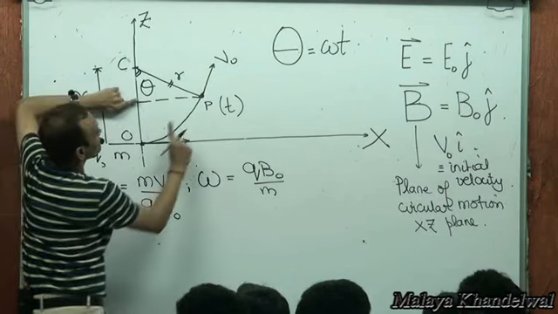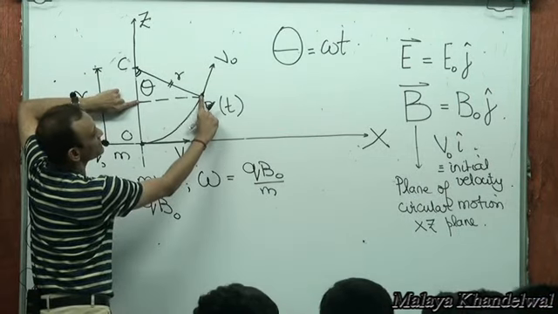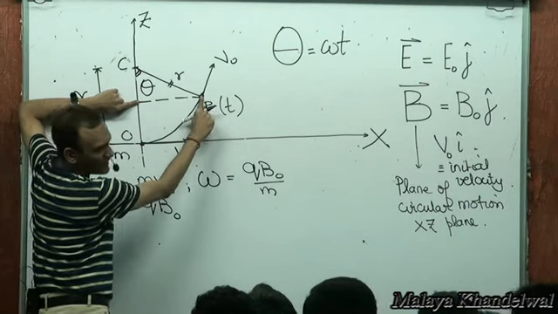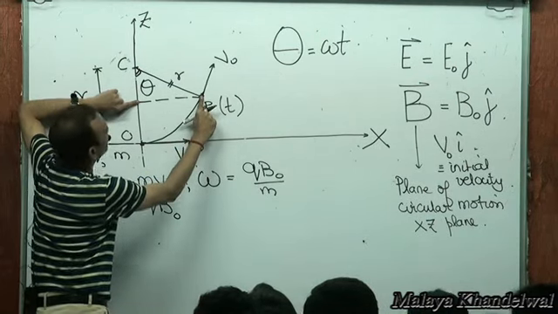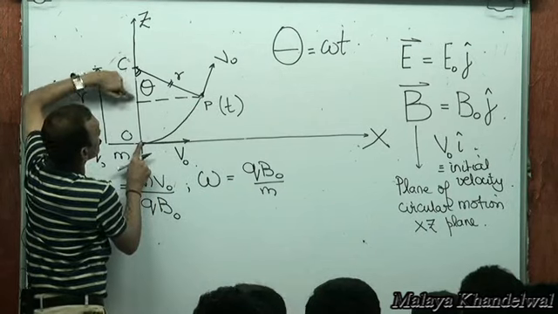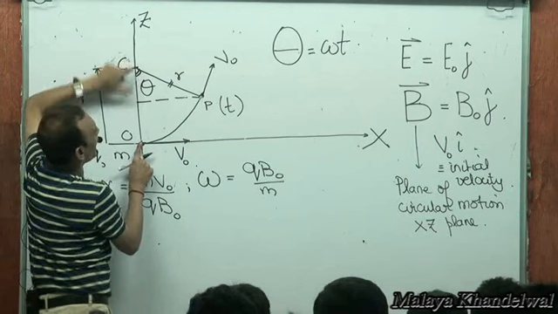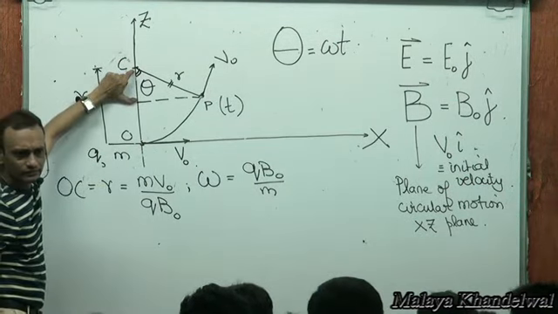Now, do you realize that the x coordinate of the particle t seconds later would be r sine theta? That would be the x coordinate, r sine theta, yes or no? This would be the z coordinate of the particle t seconds later, which would be r minus r cos theta. Right?